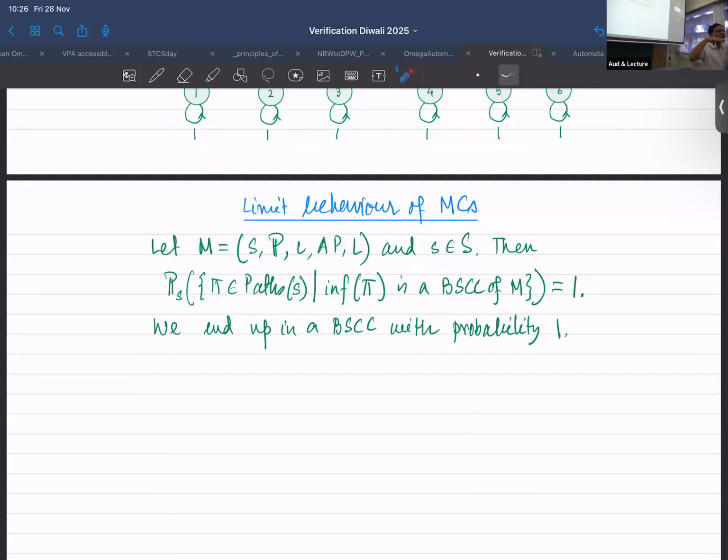The set of paths such that the states visited infinitely often form a BSCC has probability 1. So with probability 1, a path pi will end up in some BSCC and visit all the states of that BSCC. Clear?